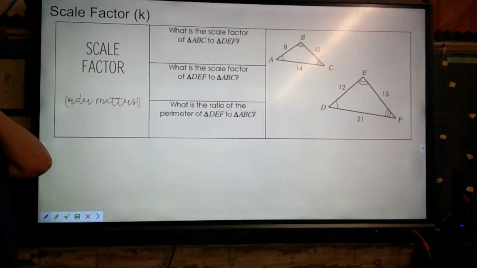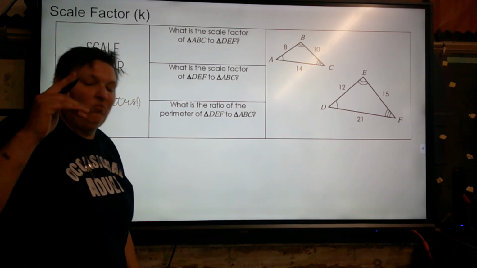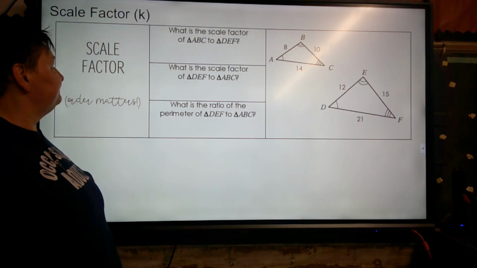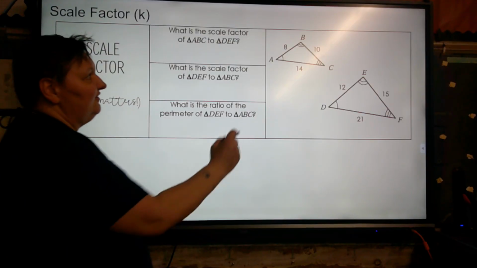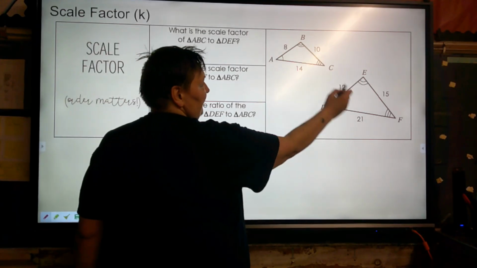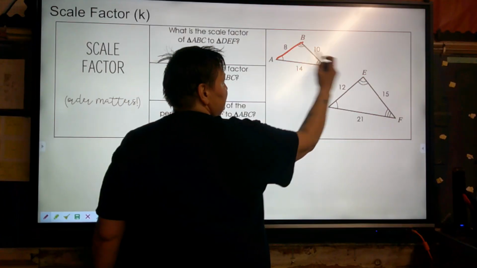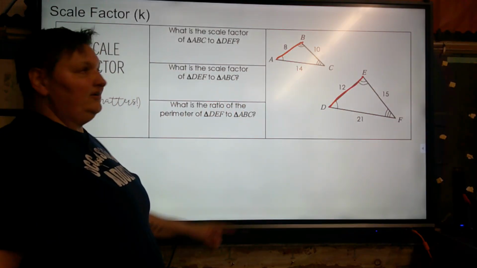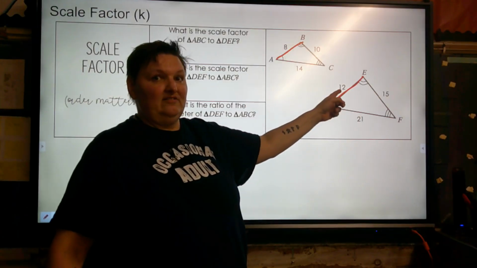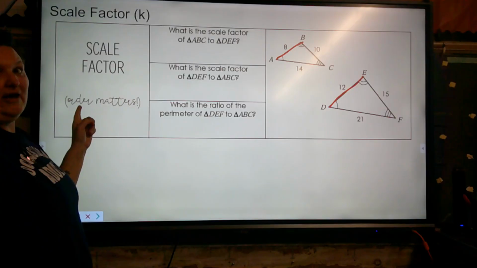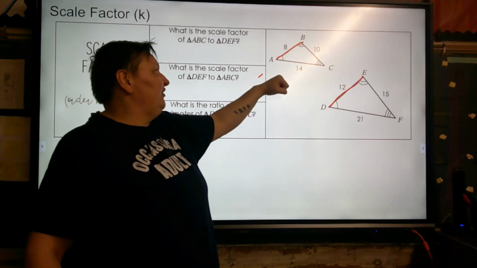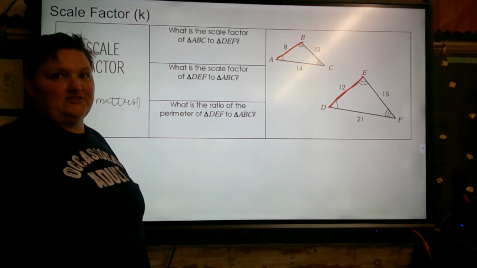All you have to do is pick one side. Let's do this side and this side. What is my ratio? From here to here. And yes, the order matters. Do ABC first, because it told you to do it first.